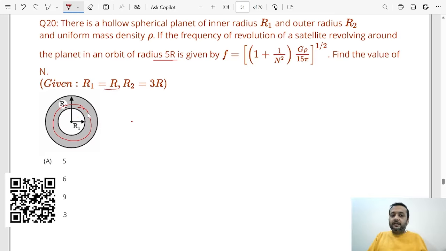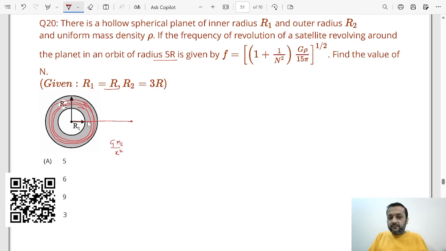So the gravitational field of this shell at a distance x, which is outside the shell, will be G into the mass of the shell divided by x square, right? So this is the field of this red shell at this point. Now the same will be the field of the shell above this, where m will be the mass of that shell.